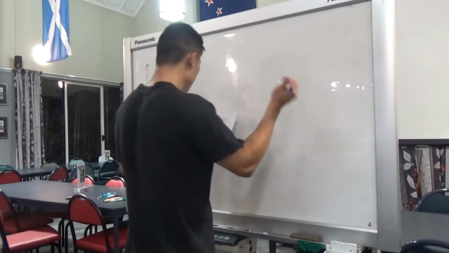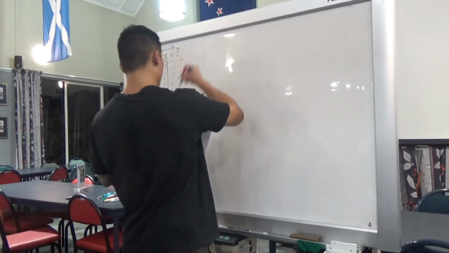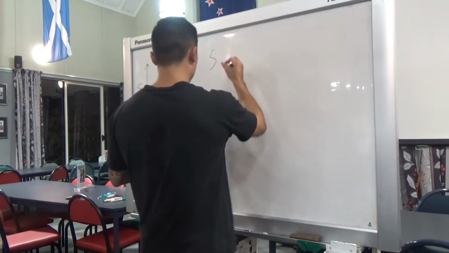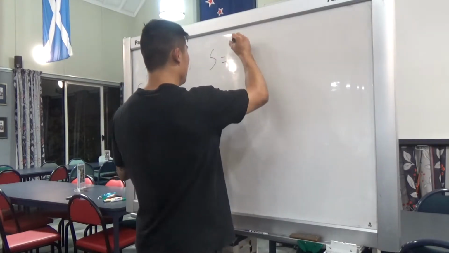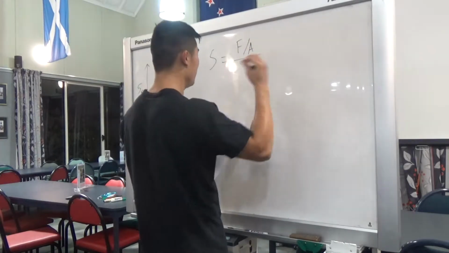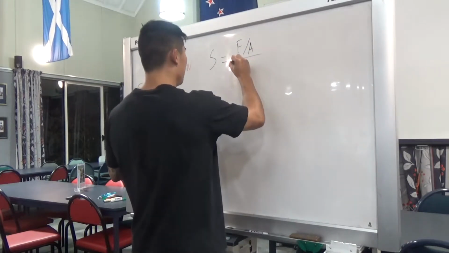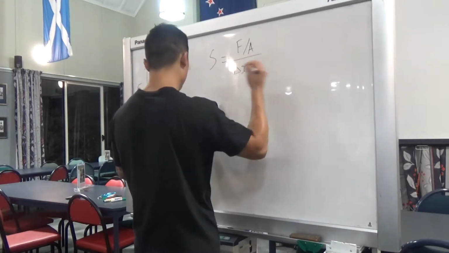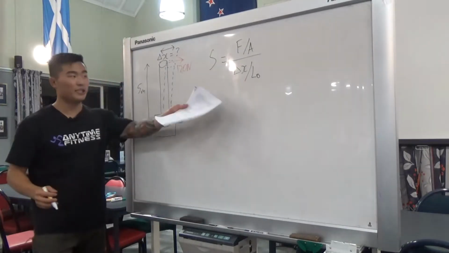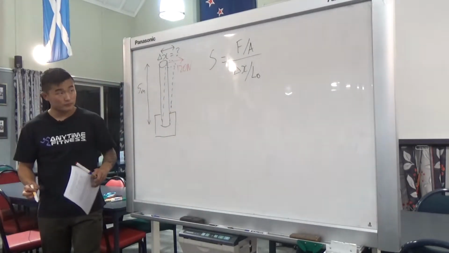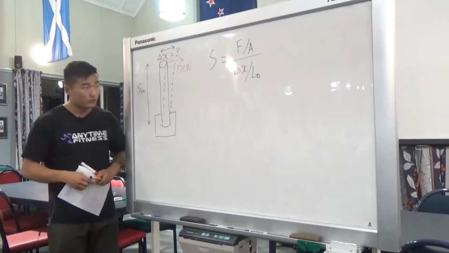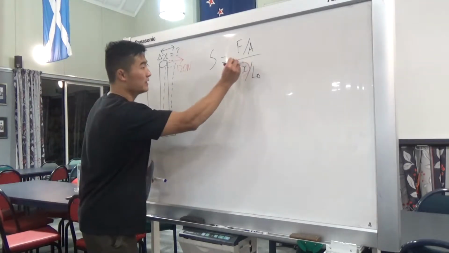Okay, so the equation for shear modulus is equal to force over area, so it's pretty similar to the Young's modulus we went over earlier, and delta x over L0. Okay, so that's your equation for shear modulus. And this time we want to find out what delta x is.